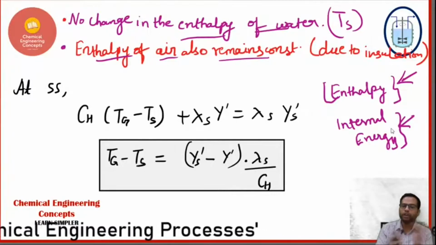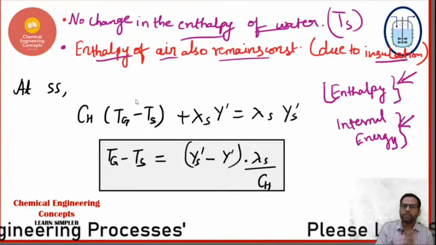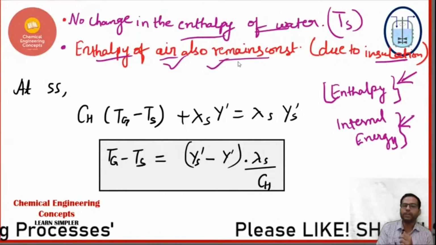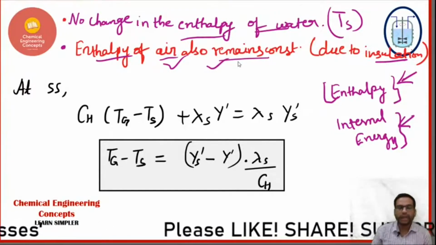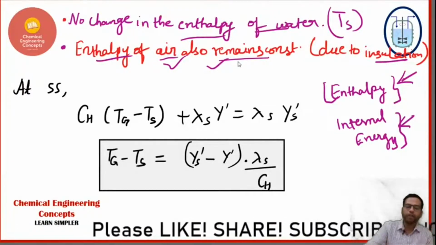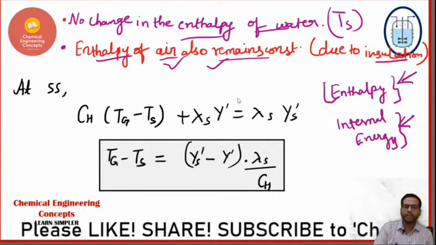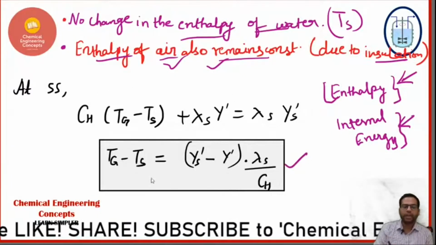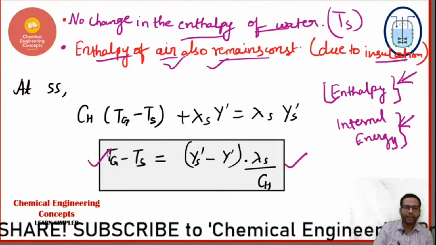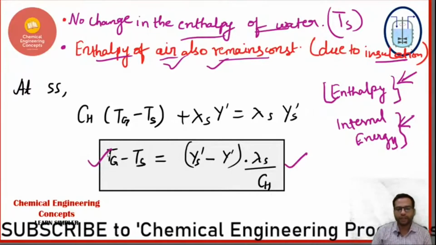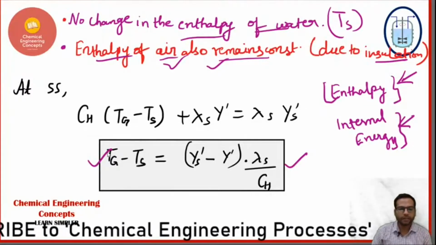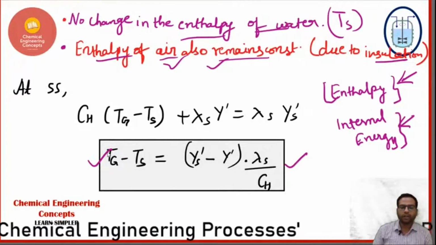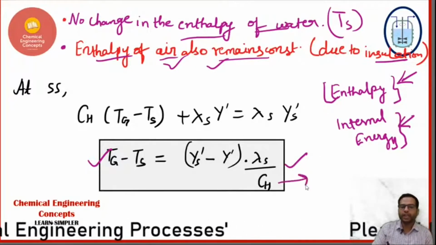So because there is insulation, that means the enthalpy of air is also going to remain constant, and at steady state we can equate both the terms, right? Both the enthalpies, and we have equated them, and when we equate them we will get this temperature difference. Okay, so this is the temperature difference that we have got, and this will be directly used.